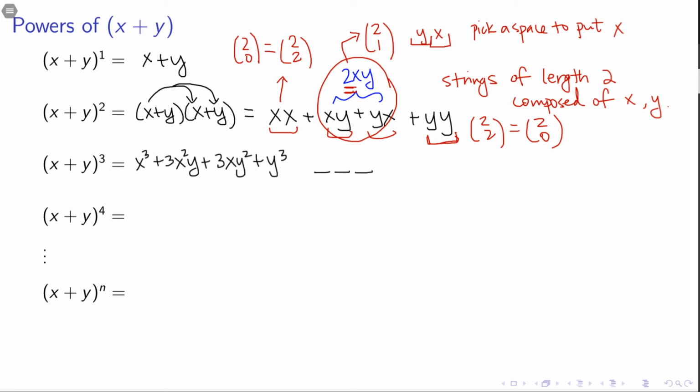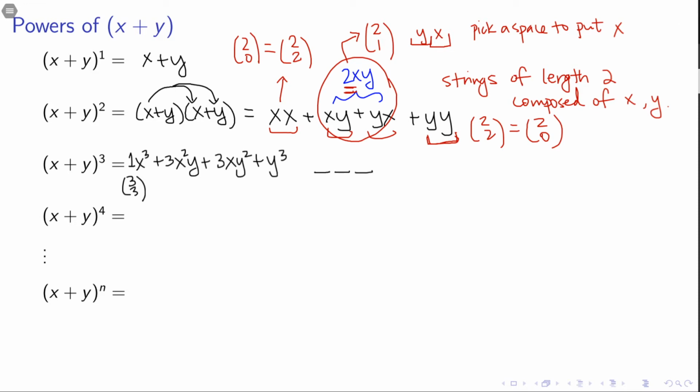We're forming a string of length 3 consisting of only x's or y's. How many ways are there to complete this string using only x's? Well, there's only one way, and that is to pick all 3 of the spaces to be x's. So 3 choose 3 is the coefficient of x cubed.